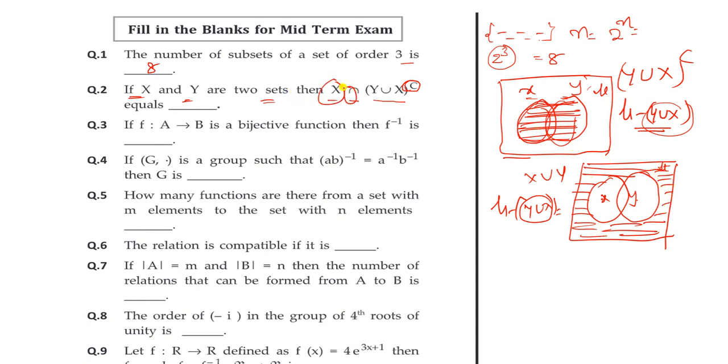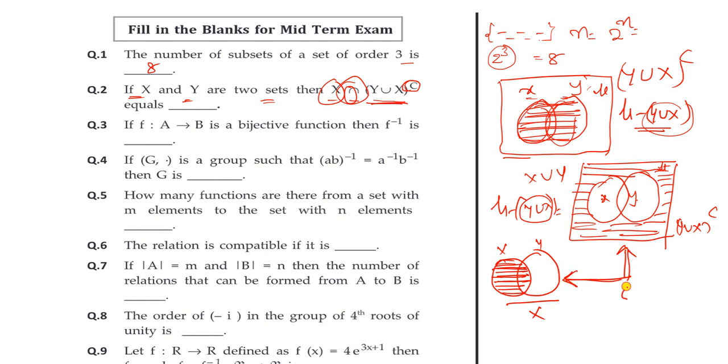Now what is the question? x intersection (y union x complement). Let us draw x, y and mu. Here x means this entire circle, right? Now tell me, x intersection means what? Common area. From these two diagrams, this is the x diagram and this is the (y union x) complement diagram, we have to apply intersection.